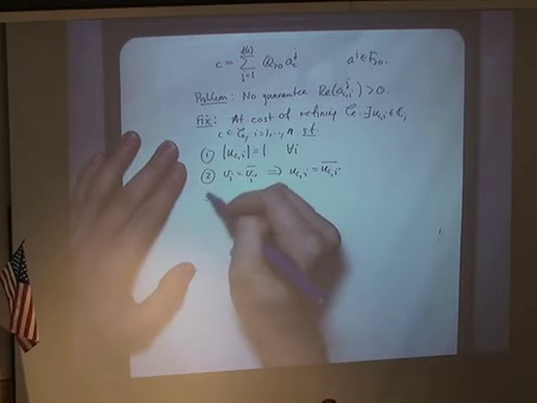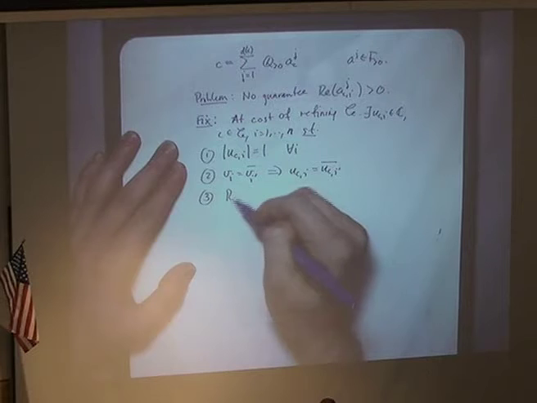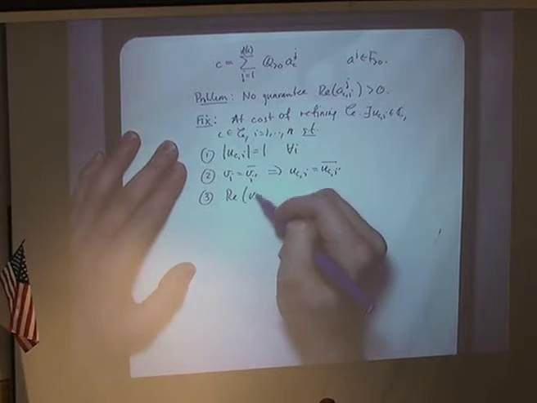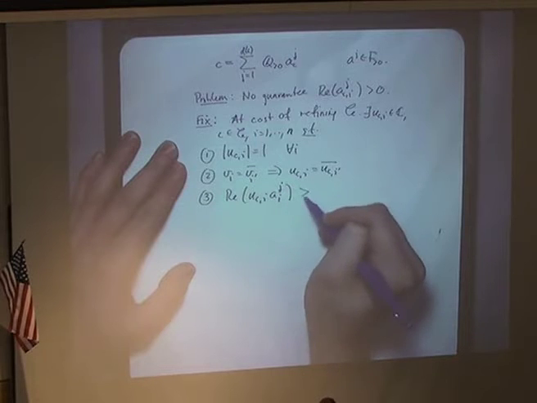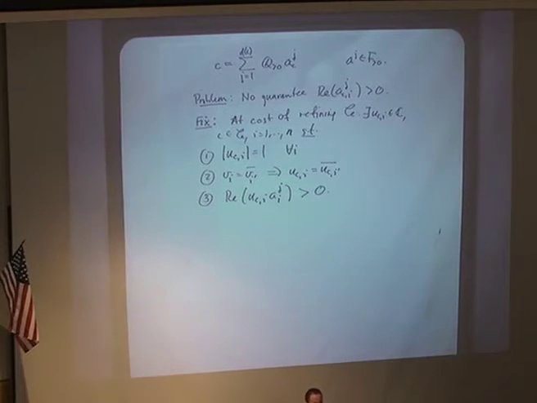And third, and most importantly, the real part of u_{C,i} times A_{i,j} is positive. So we can fix this positivity condition by introducing these u_{C,i}, which you can think of as somehow rotating each cone into the part of the positive part of F where everything has positive real part.